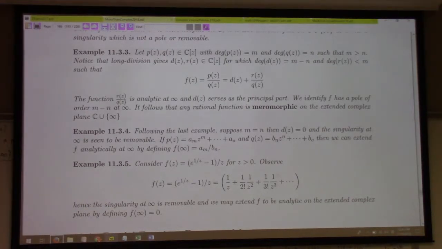The extended complex plane, why is this last thing wrong? I do agree that we could extend f to be analytic on the punctured plane with infinity adjoined. But what kind of singularity is z equal to 0 for this function?